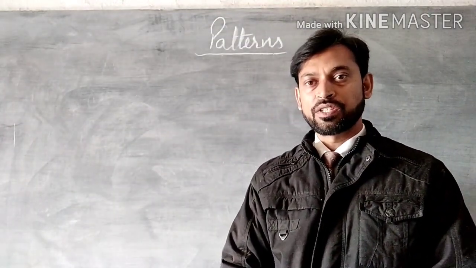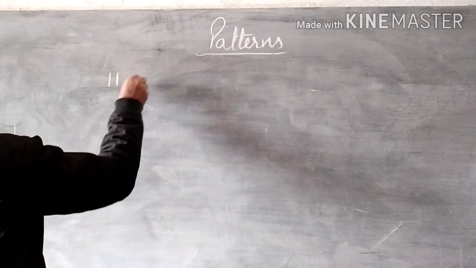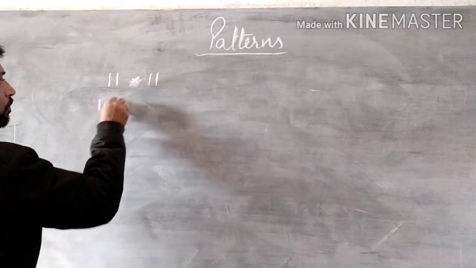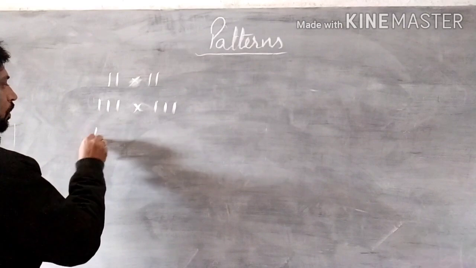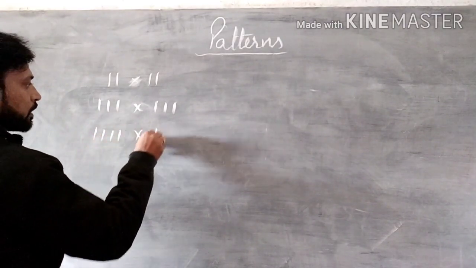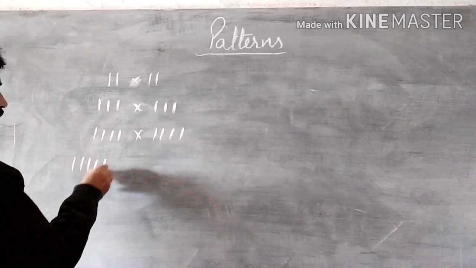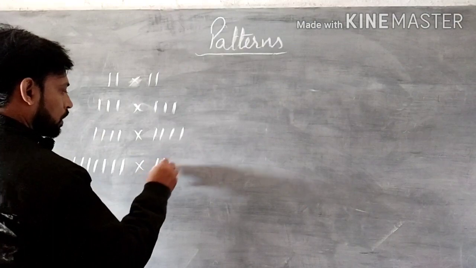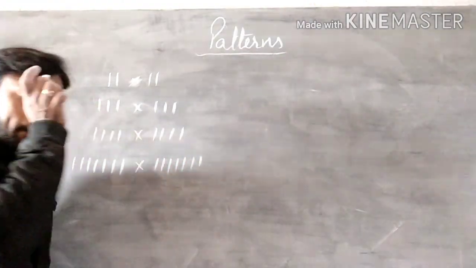Now the next observation is when we multiply 11 into 11, or 111 into 111, or 1111 into 1111.